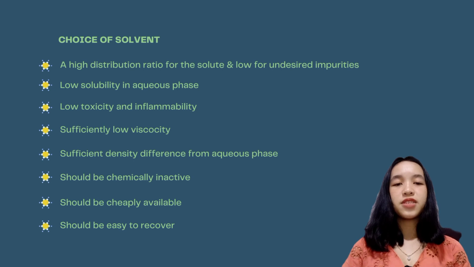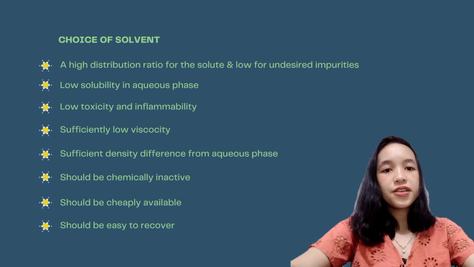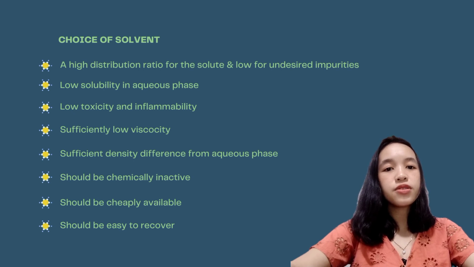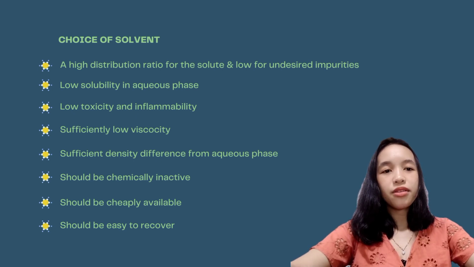If it is viscous, the process cannot be performed accurately. Then, sufficient density difference from the aqueous phase. It means there should be a proper difference in density between the two solvents, the organic and aqueous, because they have to be separated from each other.